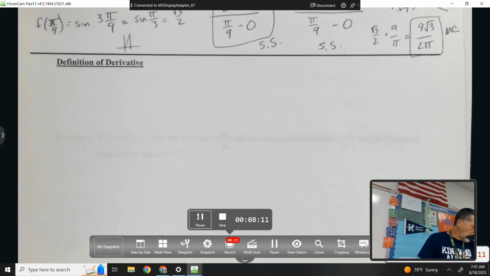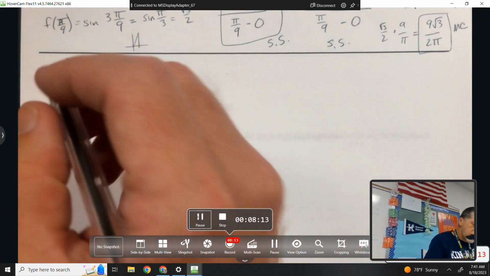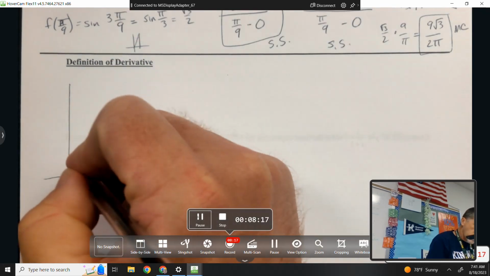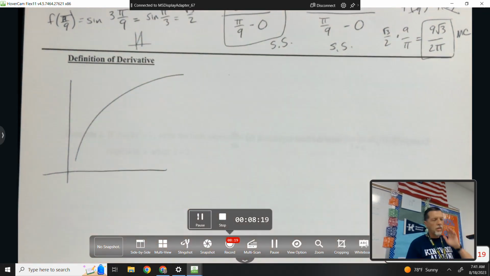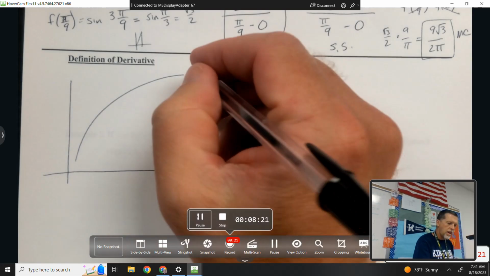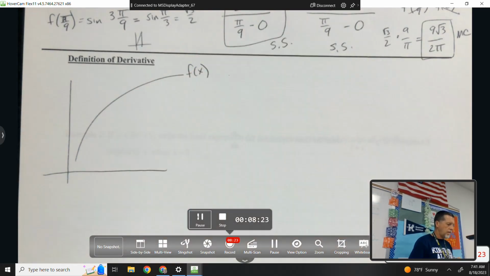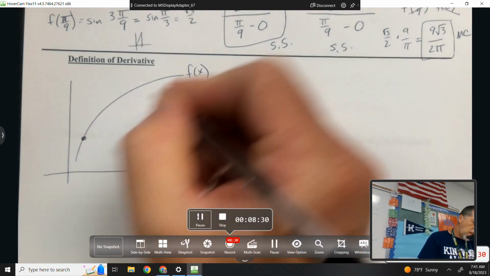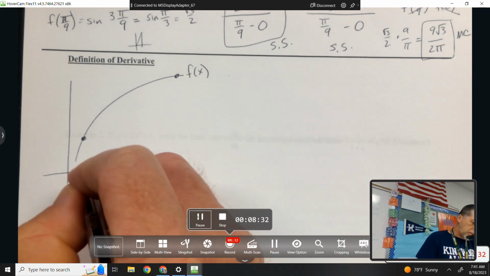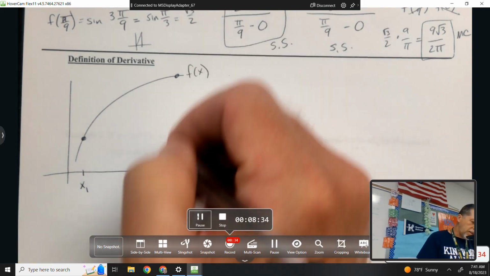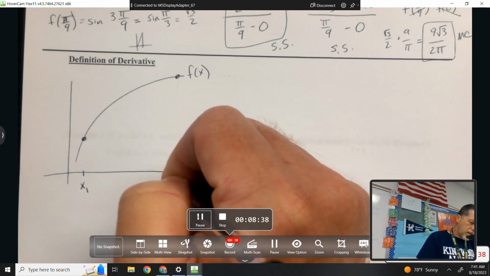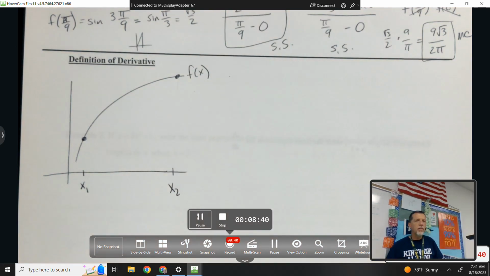All right, definition of a derivative. Let's draw some curve, f of x. Let's pick 2 points on that curve that are kind of far apart.